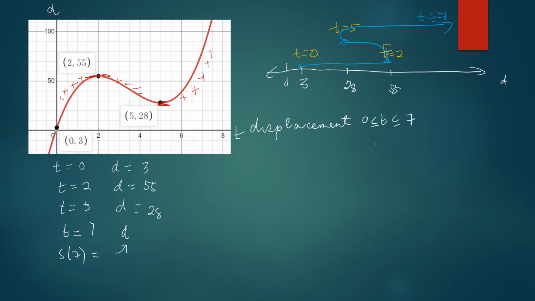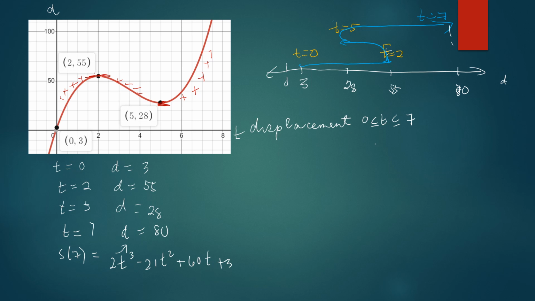The formula again is 2t cubed minus 21t squared plus 60t plus 3. So you substitute that and you get an answer which is 80. So somewhere here at time equals 7, you have 80. I think it's in meters, I'm not so sure, and time is in seconds.